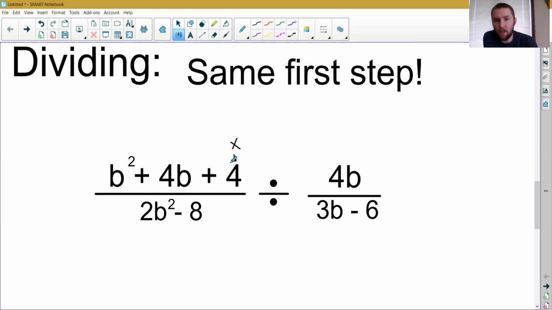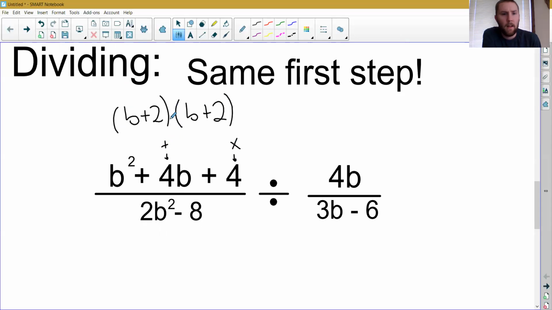So I'm looking for two numbers that multiply to 4 and add up to 4. Well, I shouldn't use x though, because this is b's. B plus 2 and another b plus 2, because 2 times 2 is 4 and 2 plus 2 is 4.